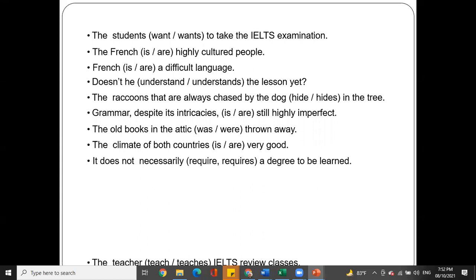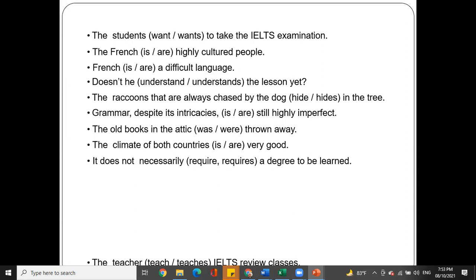Amit, let's go. It's your turn to answer this one. I'll just read it first. It doesn't necessarily require a degree to learn. It doesn't necessarily require a degree to be learned.